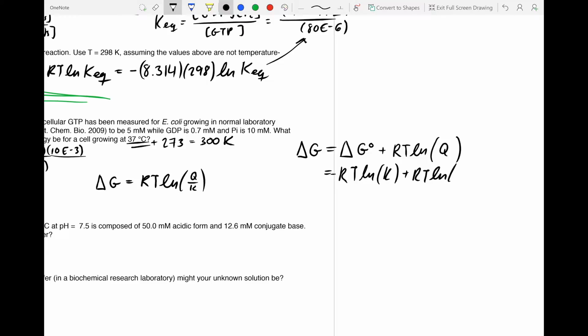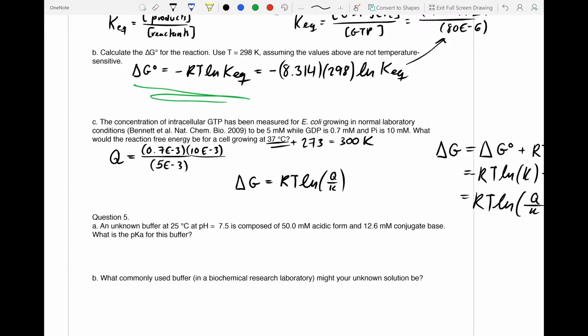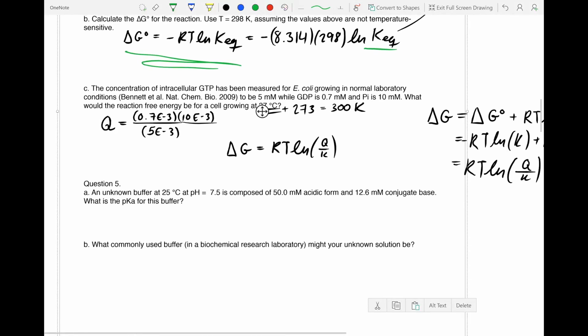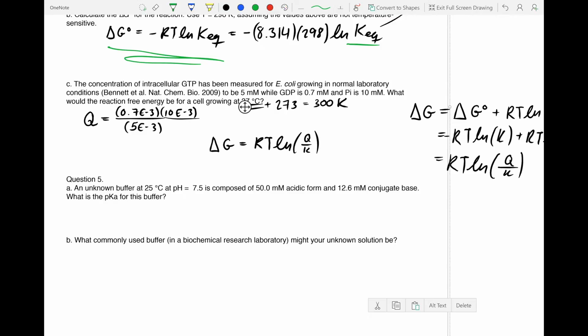And using properties of logs, we can combine these two. And that's how we get this expression. So once we have the value of Q, we're going to use the above value for K, and then we should get an expression for the change in free energy at the given conditions.